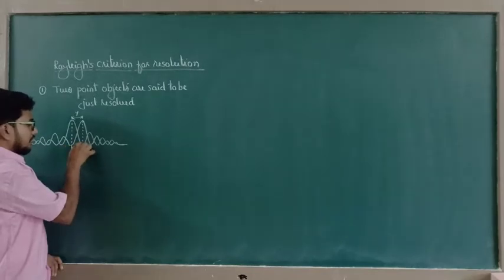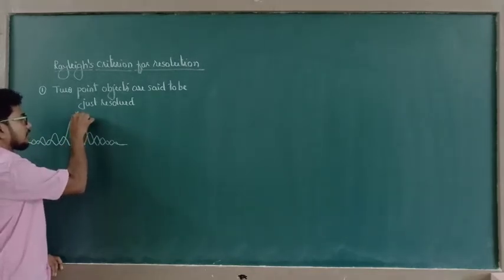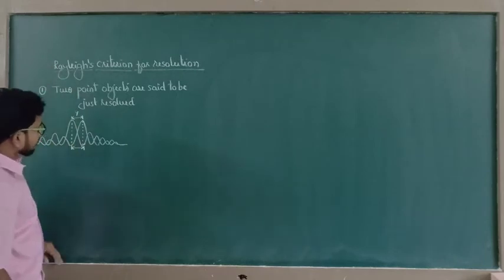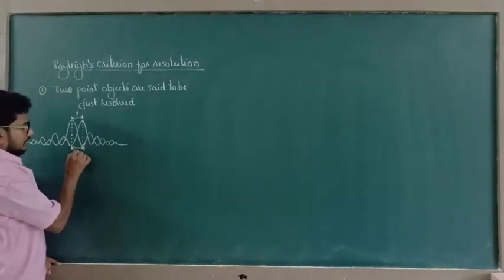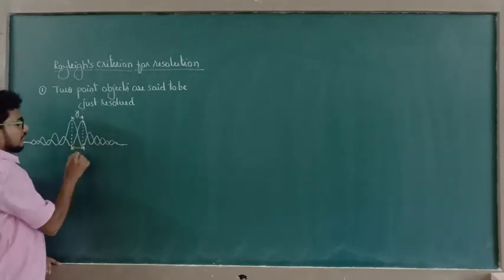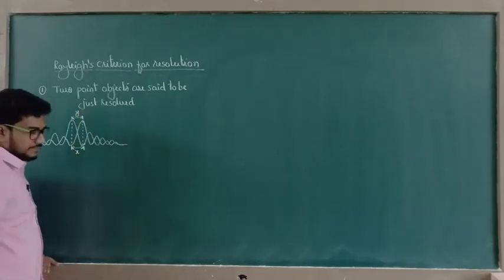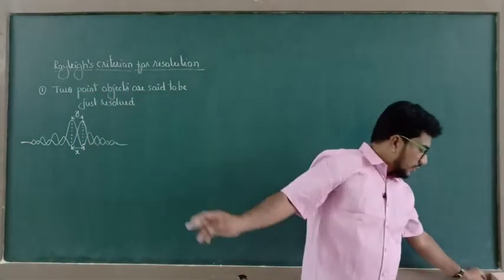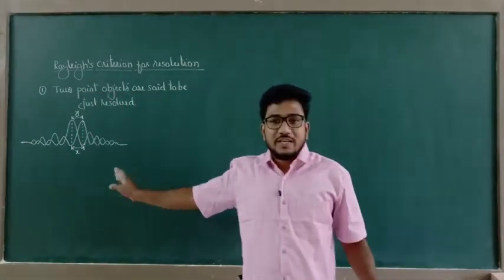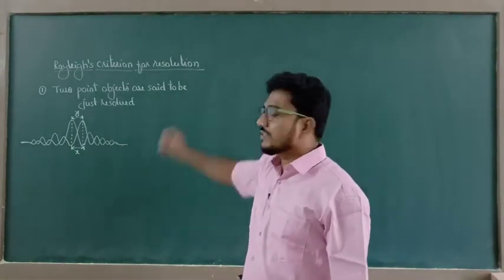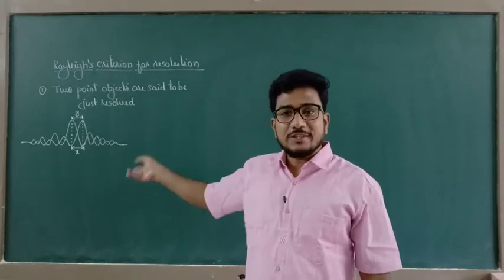You just observe these two distances. These two distances are almost the same. So this is y, this is x. When x is equal to y, then those two point objects are said to be just resolved.